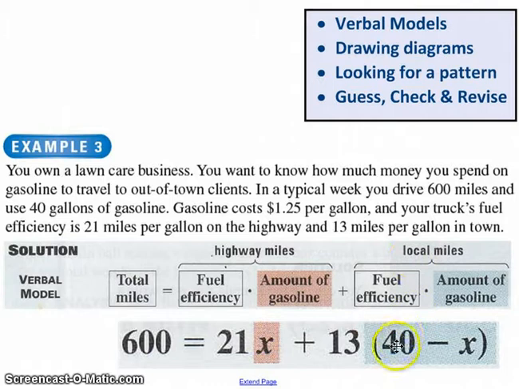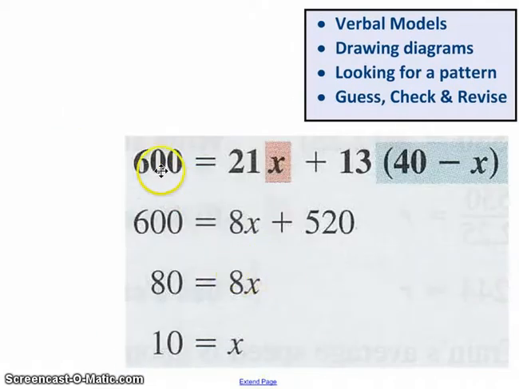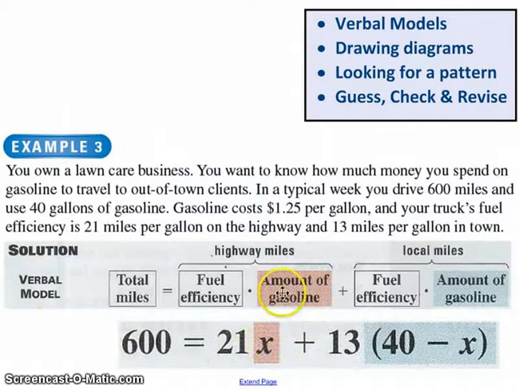So that makes it 40, the original amount of gas you had, minus the X that you used on the highway. If you see this formula, then they go ahead and set it up like this and solve it out, and you can read for yourself and see that they come to the conclusion that X equals 10, which means, let's go back, that means that you used 10 gallons of gas on the highway.